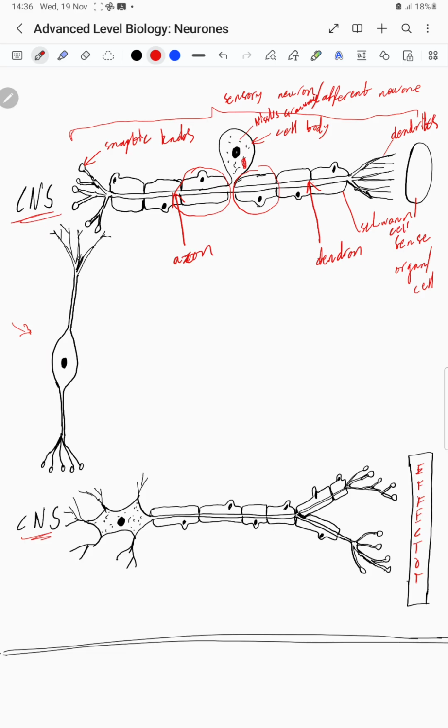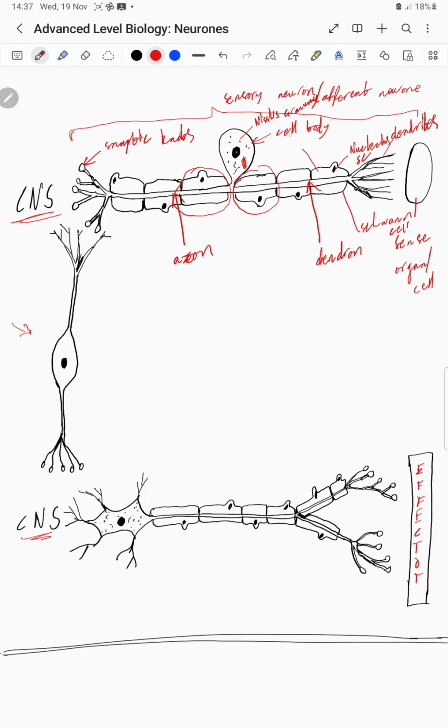This is the nucleus of the Schwann cell. And this one is the myelin sheath.